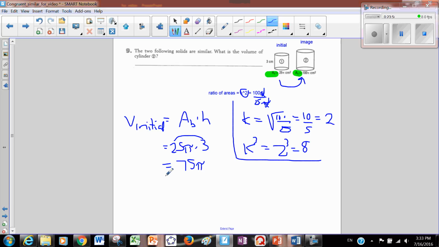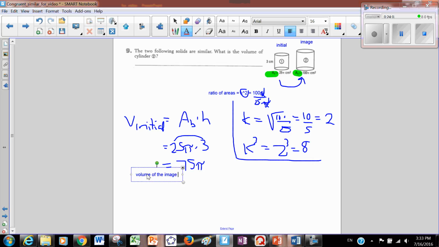If you want to find the volume of the image, the volume of the image is equal to the volume of initial times the ratio of volumes.